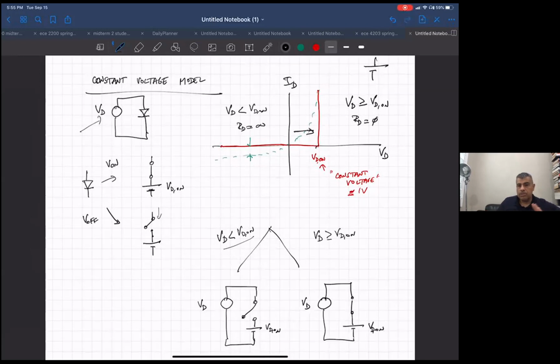This is all an attempt to get rid of that exponential thing in our equations. We just want a simple on-off thing. The price we pay for that is that we have to make this decision ourselves. Okay, this decision between whether the diode is on or off, we have to do it ourselves.